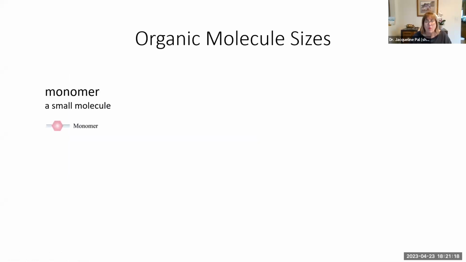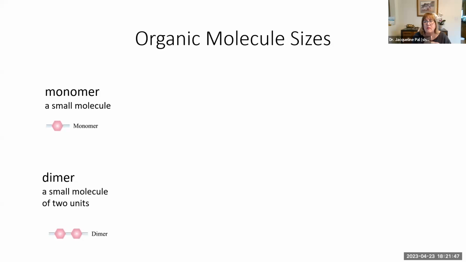All right. When we look at organic molecules, we've got atoms put together and it forms a little unit, that's called a monomer. If we put 2 of these units together, it's still pretty small, but to represent the fact that there are 2 of them now, we call it a dimer.